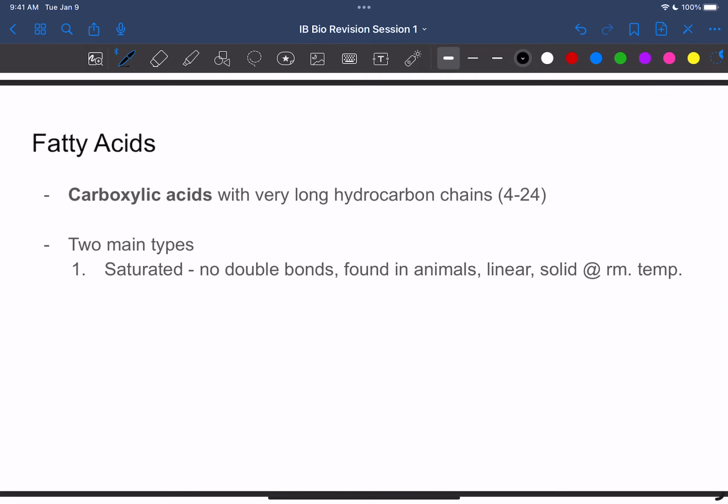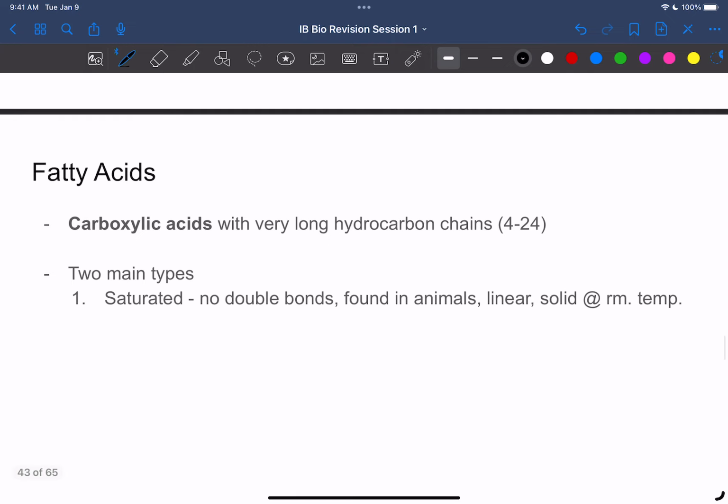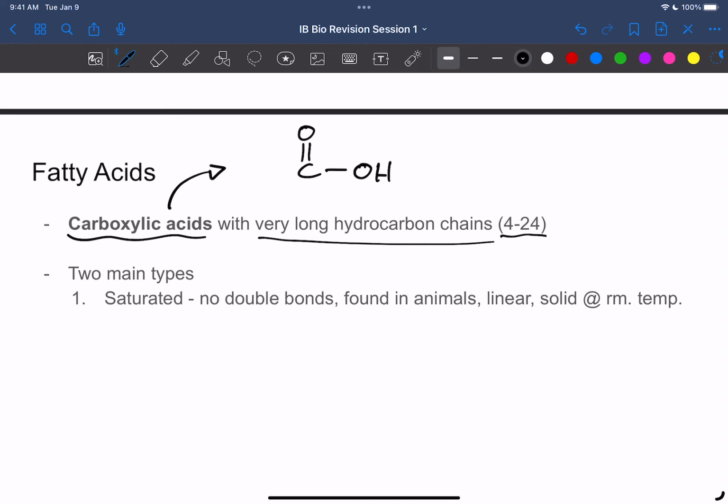Okay, starting with fatty acids, we're going to get into some theory here. Fatty acids are carboxylic acids with very long hydrocarbon chains, about 4 to 24 carbons. What is a carboxylic acid? It is a carbon double bonded to oxygen, single bonded to OH, and the rest is an R group. R can be anything.